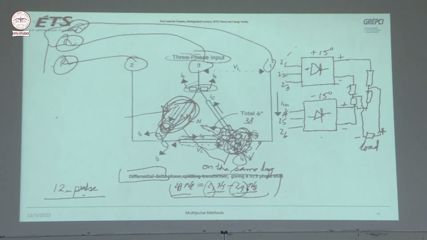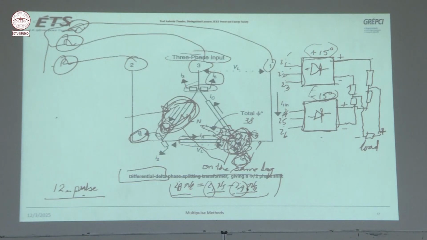All those I1, I2, I3, they are going to this 6 pulse converter, and I4, I5 and I6 are going to another 6 pulse converter with minus 15 degree phase shift. So total phase shift is 30 degree phase shift. Between this and this, you have 30 degree phase shift.